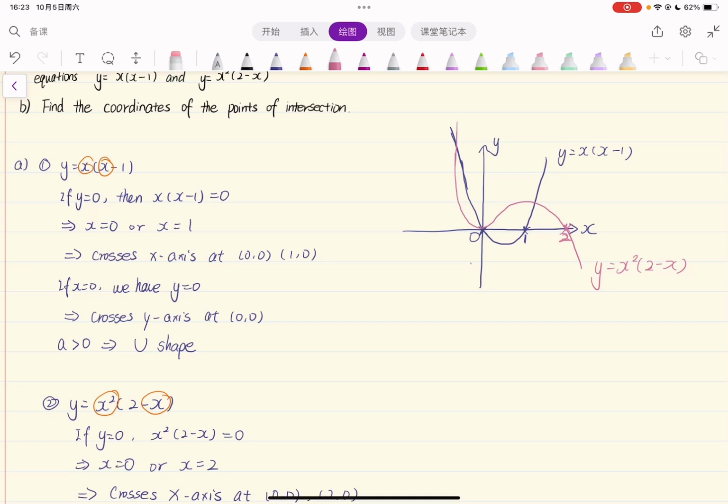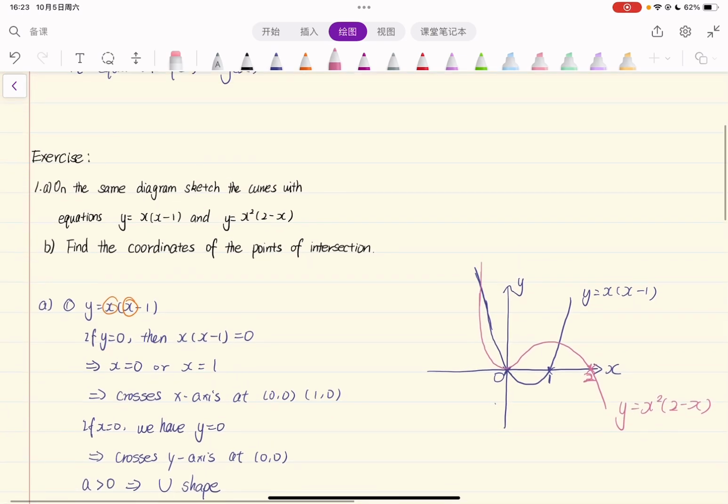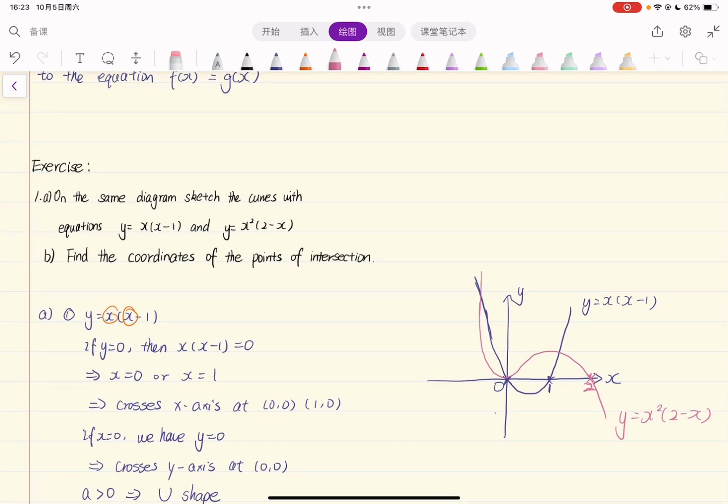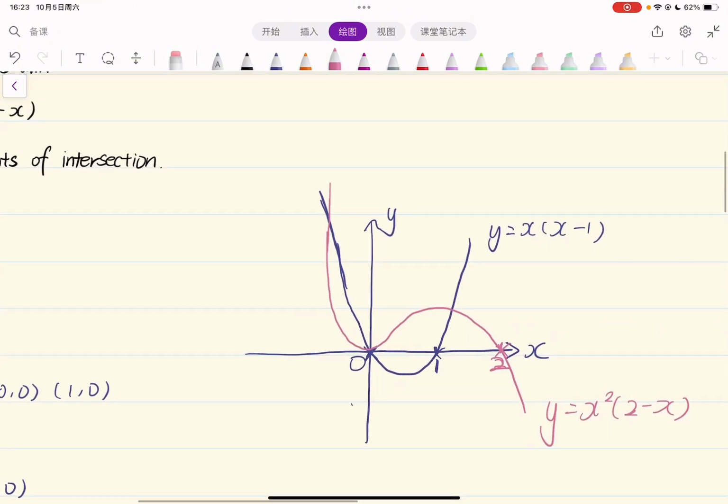Now question B asks you to find the coordinates of the points of intersection. From the sketch, we can see how many points of intersection there are. The first one is over here, and the second one, and the third one. So there are 3 intersection points.